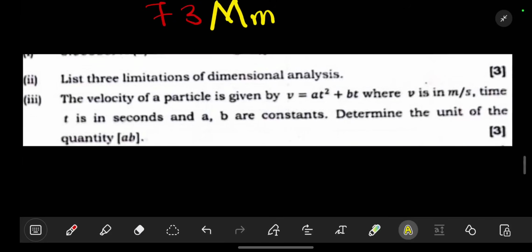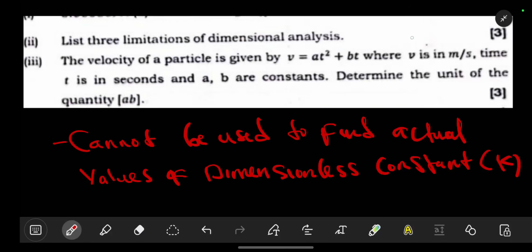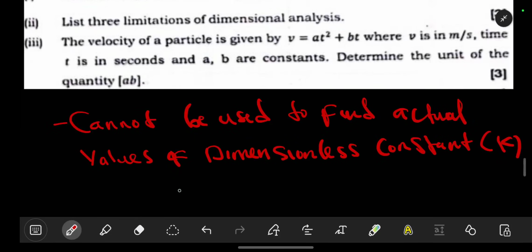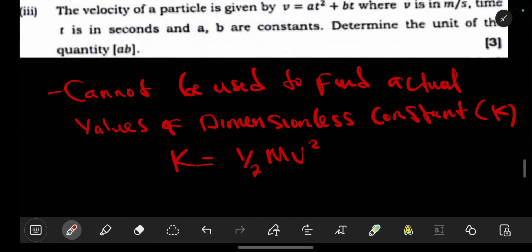This one says list 3 limitations of dimensional analysis. So the limitations of dimensional analysis are that number 1, it cannot be used to find the actual values of dimensionless constants, which we call K. For example, if you are looking at the kinetic energy equal to half mv squared, how did they know that this should be half?